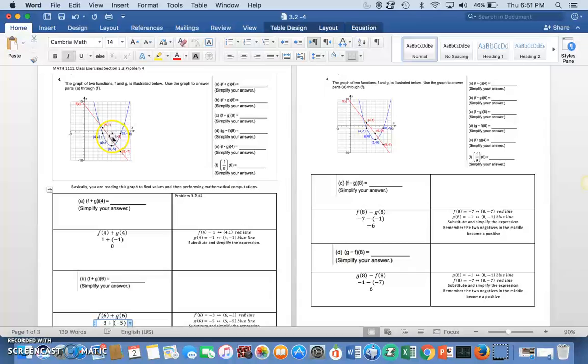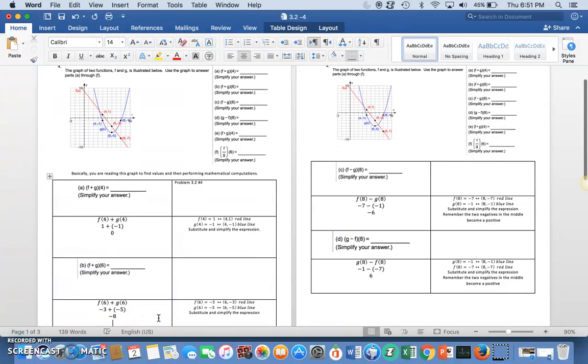F of 6, red 6, the y is -3. G, blue, 6, -5. So you've got -3 and -5. When you add those together, you get -8. So that was adding when you had a 4. This was adding when you had x as a 6.